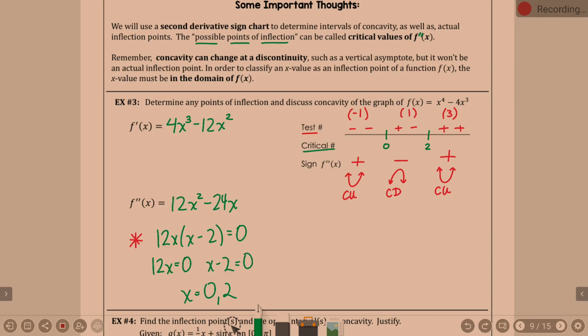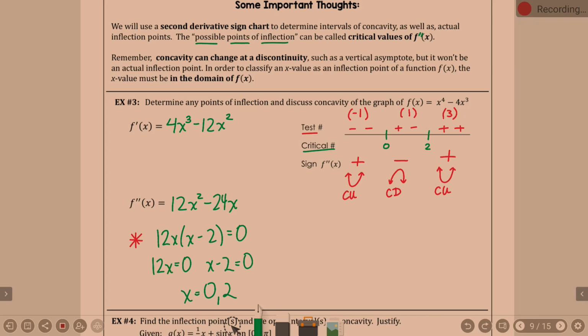Now, what information did we gather here? What was the question actually? Determine any points of inflection and discuss concavity. What points of inflection did we have? 0, 2. Points of inflection occurred at 0 and 2. And how do we know for sure they're points of inflection? Because concavity changed.